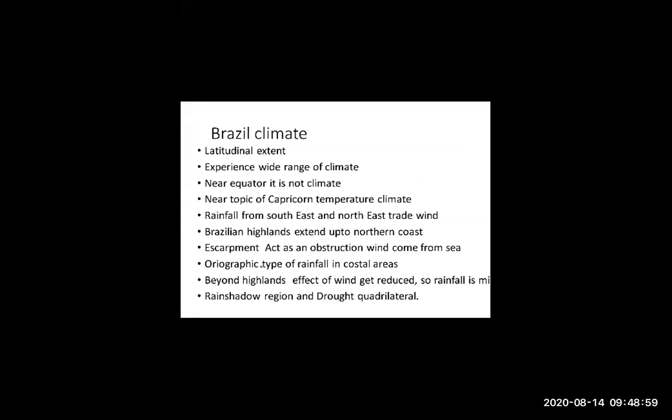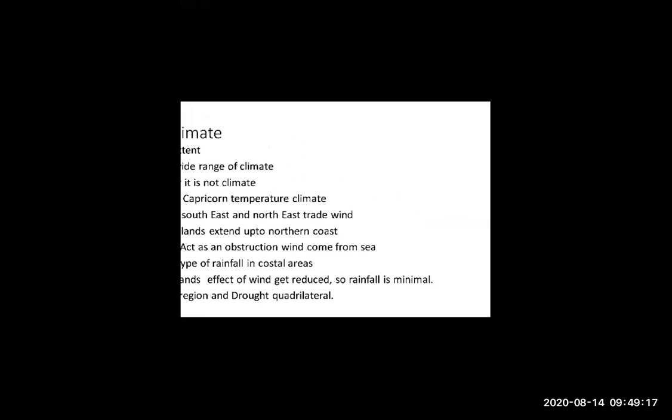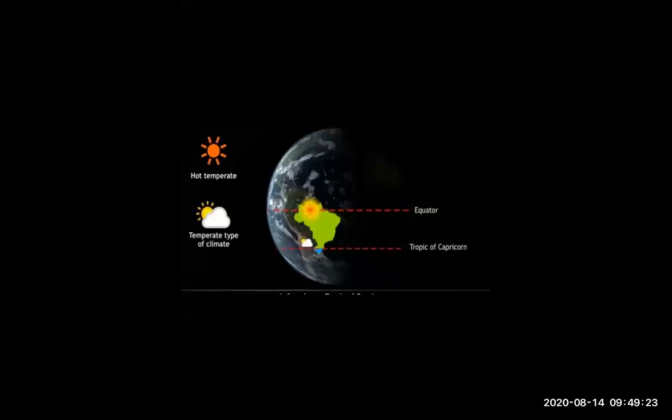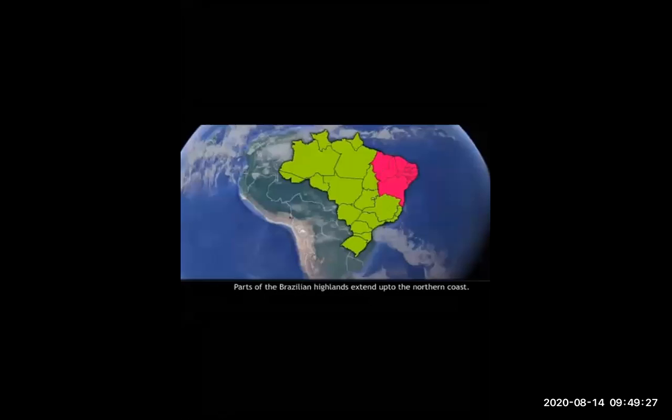Before that, we should know about the Brazilian Highland. Look at this. The Brazilian Highland extends up to the northern coast, and the escarpment acts as an obstruction to the wind coming from the sea. Before going to the explanation part, we'll go to the image. Just look at this, students.